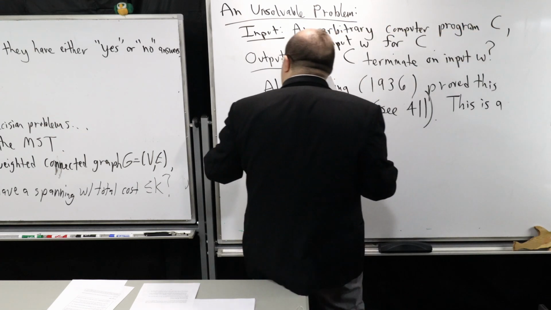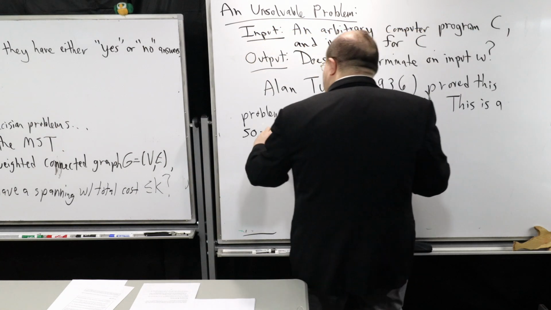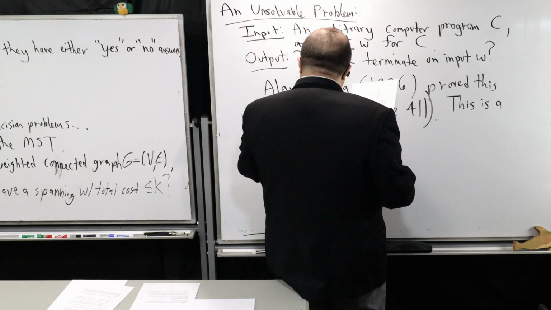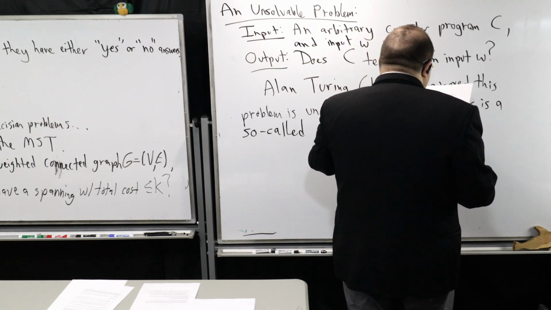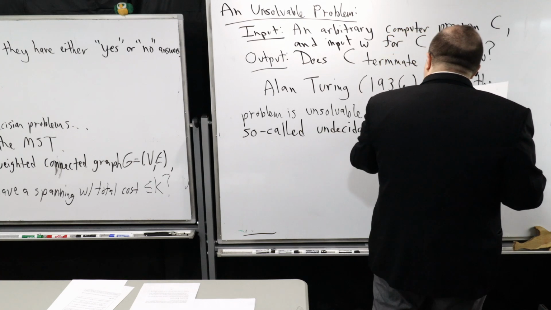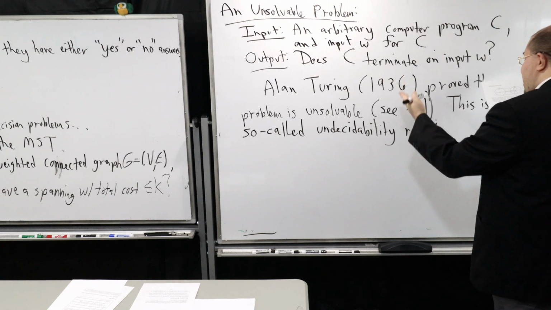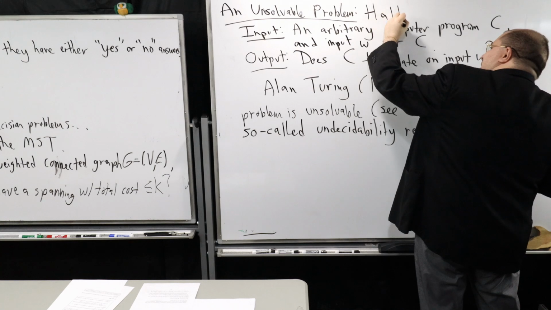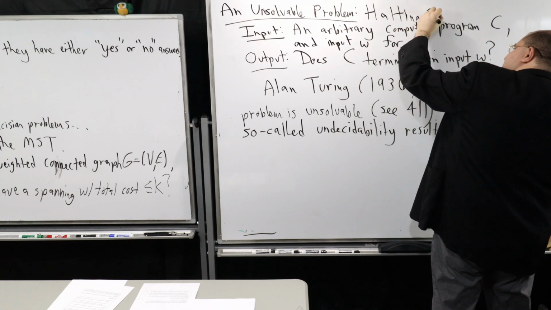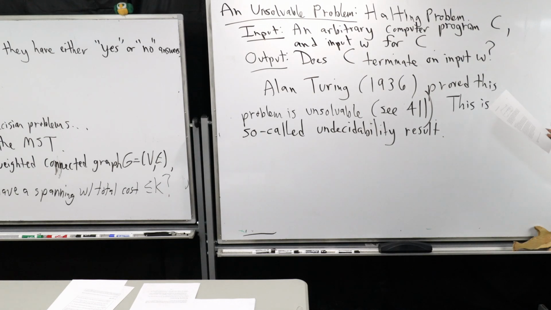We call problems that don't have decision algorithms undecidable. You might actually know the name of this problem. You might know it as the halting problem. You may have heard of that before.